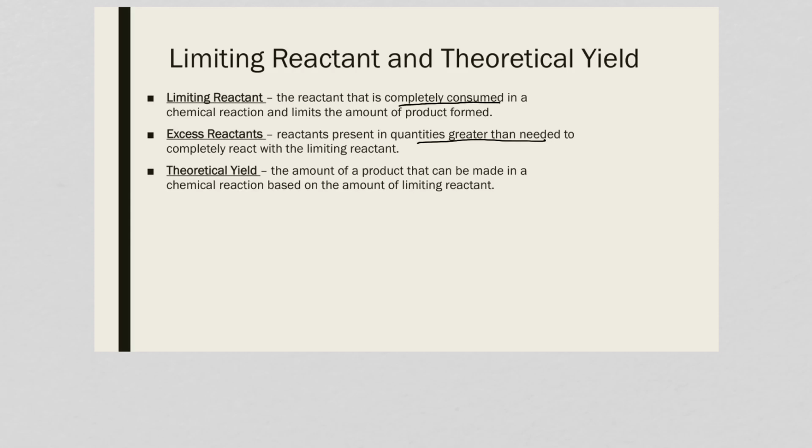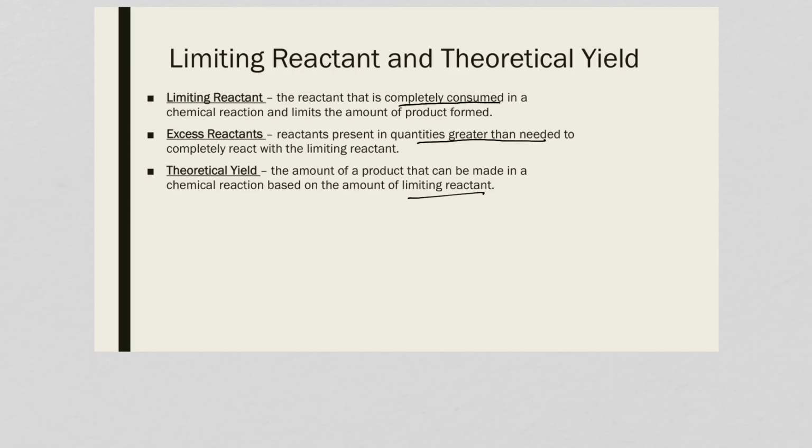And we use the term theoretical yield to describe the amount of product that can be made in a chemical reaction based on the limiting reactant. So in reality, what we did in the last section, you were calculating theoretical yields. When we did an example to calculate how much product we formed based on the amount of some reactant that we were given, we were calculating a theoretical yield, right?